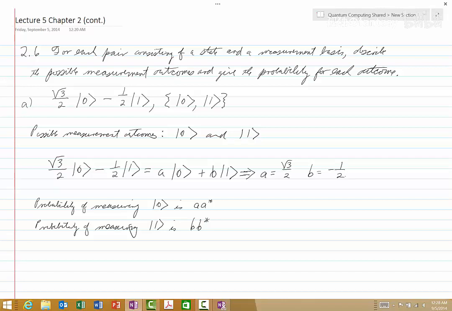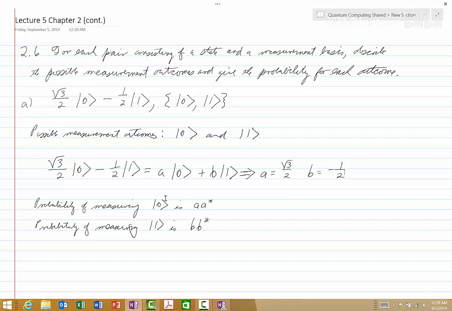And if you want to prove that, simply first take the inner product of each side of this equation with the 0 vector, and when you do that, this term will drop out, this term will drop out, and the reason those terms will drop out is the inner product of 0 with 1 is 0, and then when you take the inner product of 0 with 0, you get 1, so you'll get square root of 3 over 2 on this side, and likewise when you take the inner product of this with 0, again, inner product of 0 with 0 is 1, and 1 times A is A, so we get simply square root of 3 over 2 is equal to A, which is what we have here.